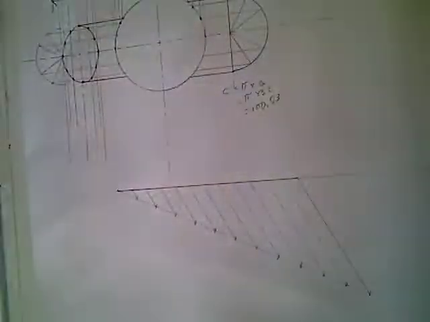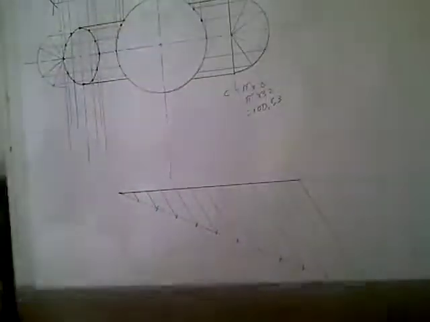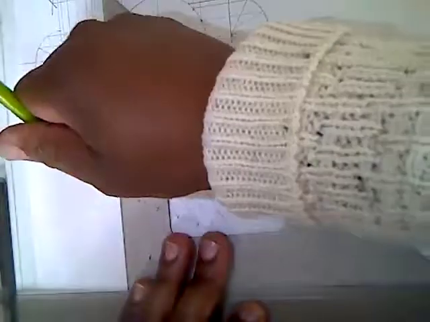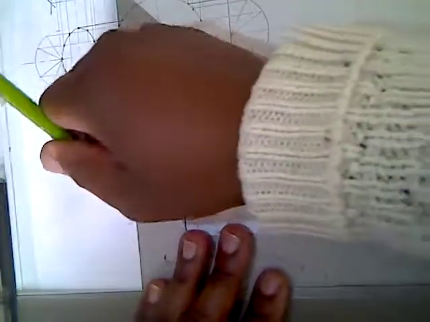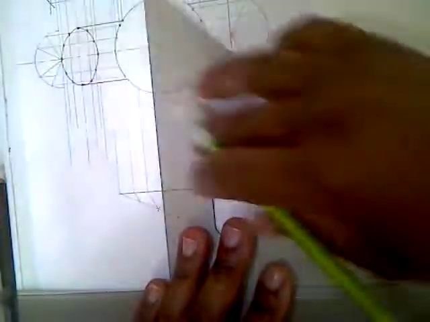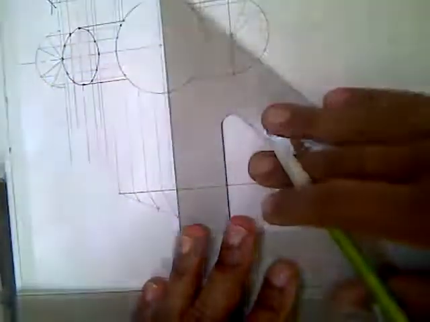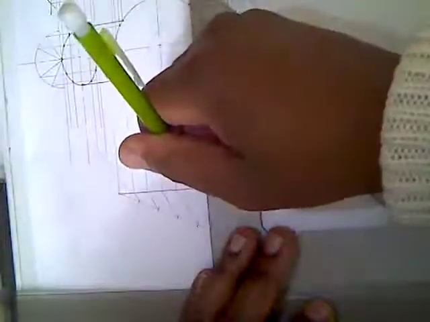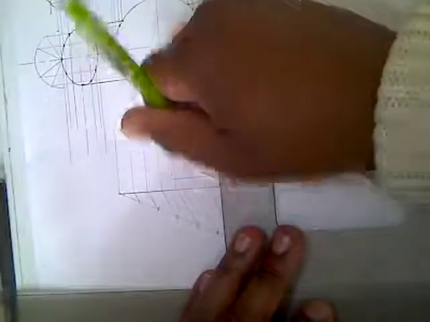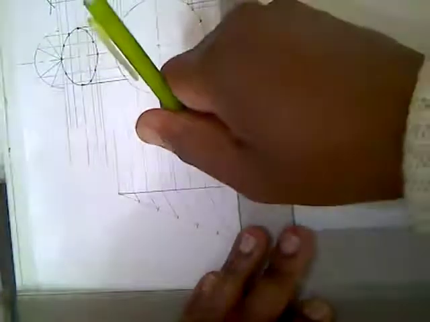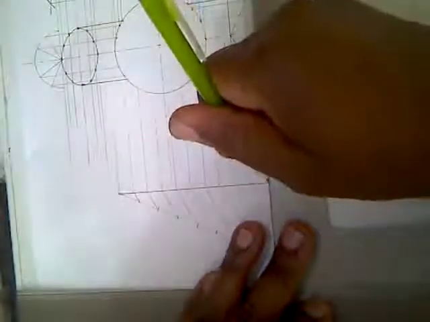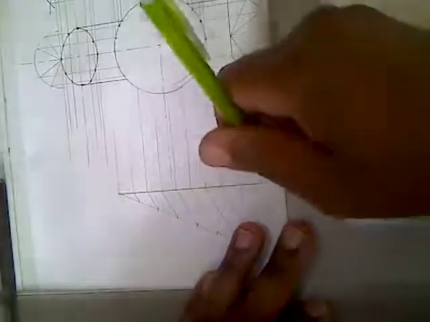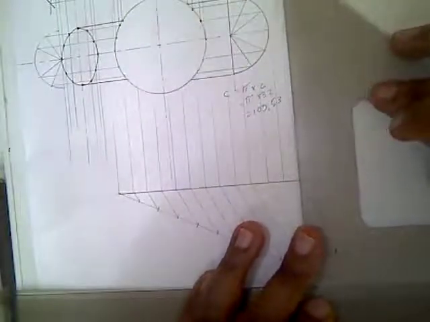So I do have my 12 equal divisions, and now I can project faintly. 1, 2, 3, 4, 5, 6, 7, 8, 9, 10, 11, and 12.